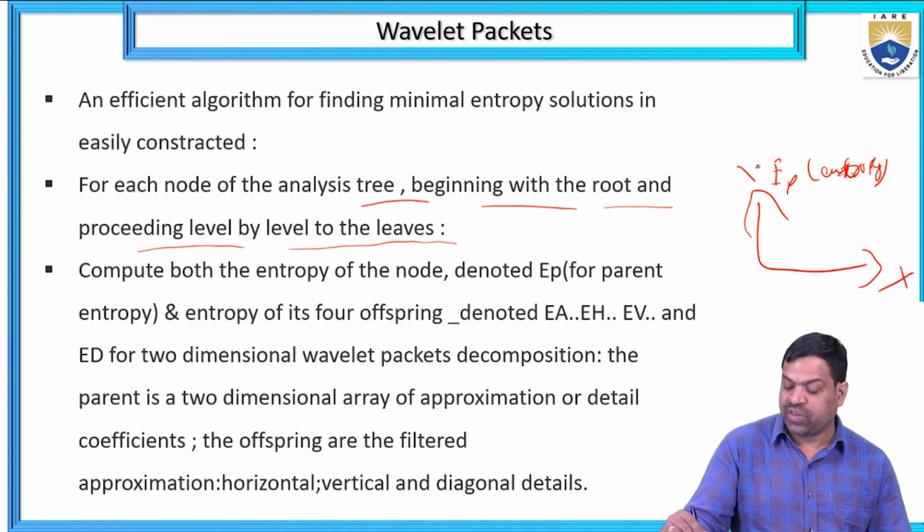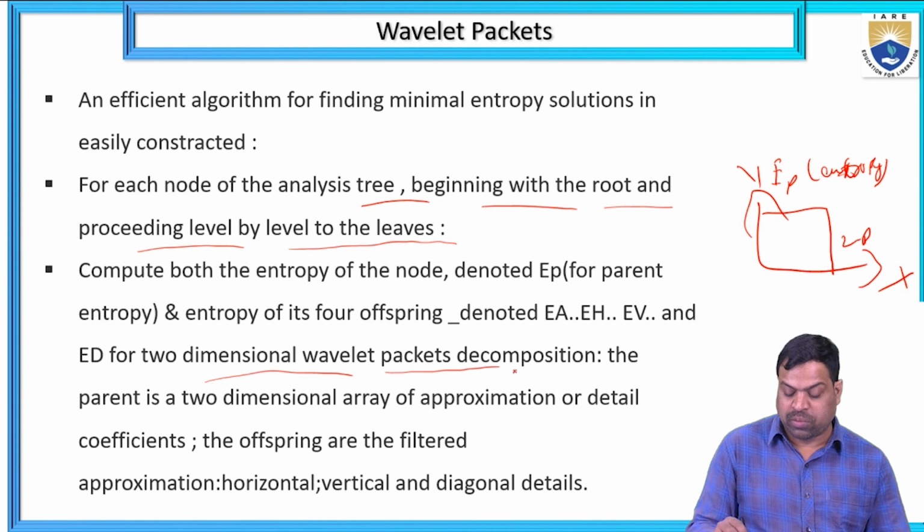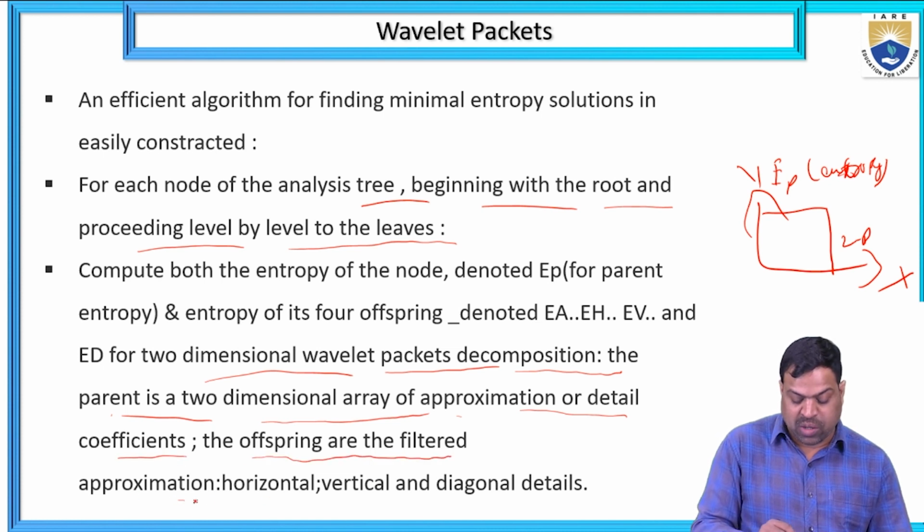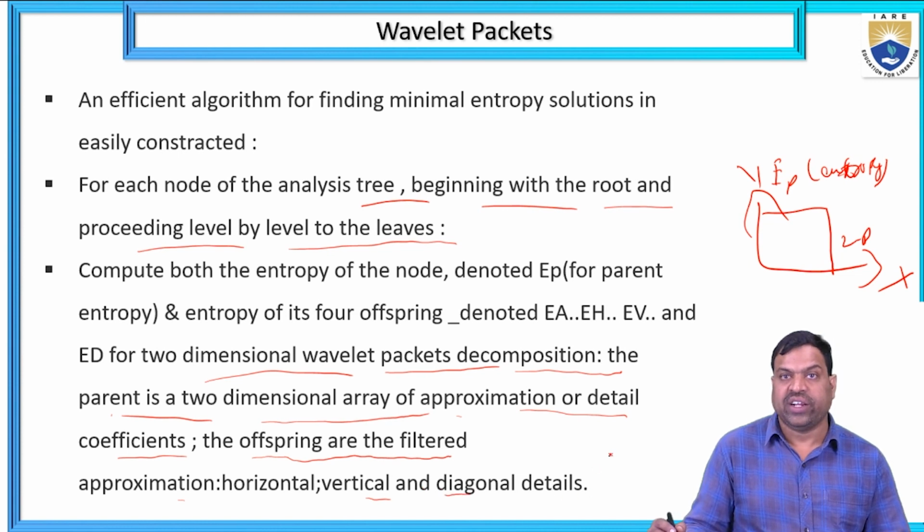Every image we are taking as two-dimensional, x-axis and y-axis. In the two-dimensional wavelet packet decomposition, the parent is a two-dimensional array of approximation or detailed coefficients, and the offspring are the filtered approximation, horizontal, vertical and diagonal details.